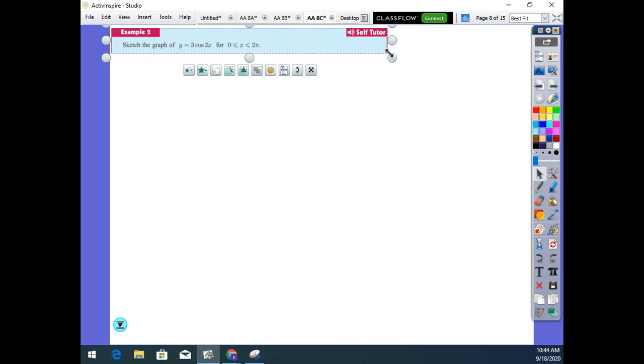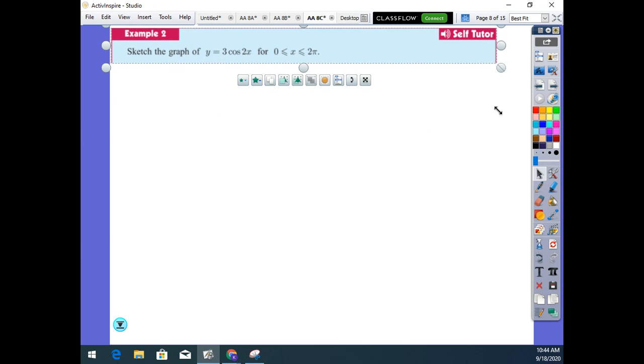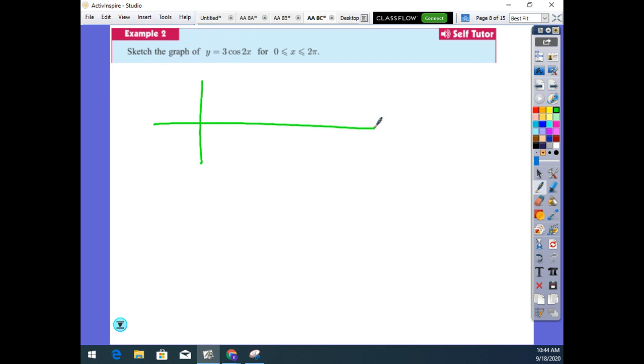All right, this is putting together quite a few things. So first of all, we're going to go up 3 instead of 1 and down 3 instead of -1. If I go 1, 2, 3, 4, that's my 2 pi.